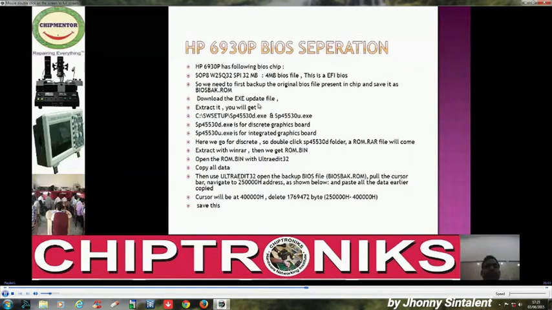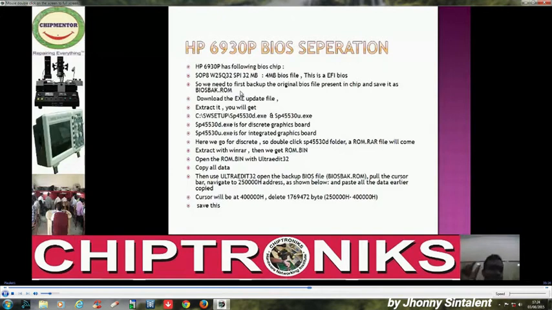This 6930P has one system BIOS chip, that is SOP8 W25Q32 SPI 32. That is, this is a 4 MB BIOS chip. This is an EFI BIOS.